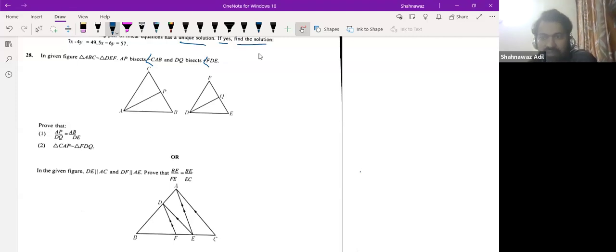Let's say I want to talk about a triangle and then a parallel line. What is the theorem that you have learned about the parallel line in a triangle?